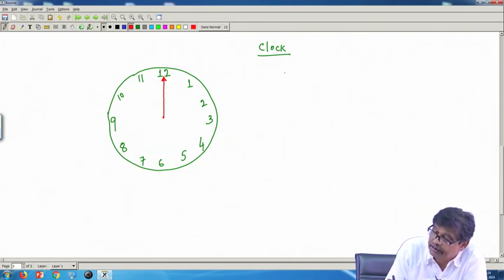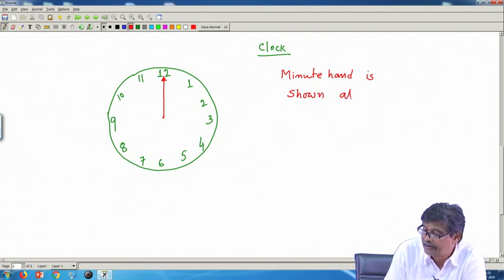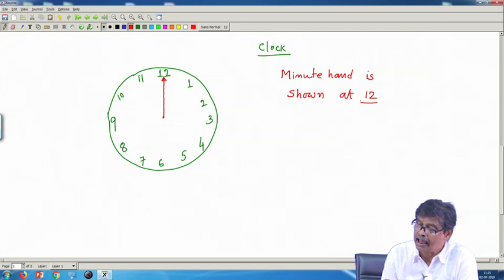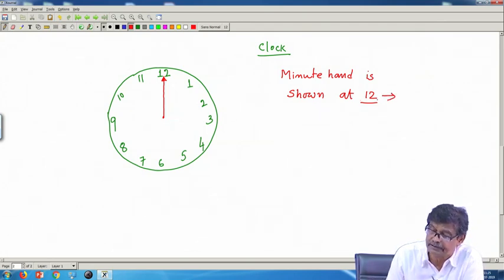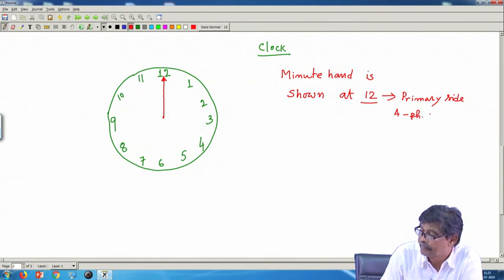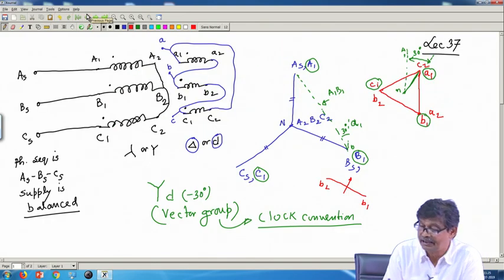Now, what is done is this, the minute hand is shown at 12, always you show it, and let this minute hand represent the primary side, say, voltage with respect to neutral, that is this voltage A S N or A1N, that is the primary side neutral voltage.